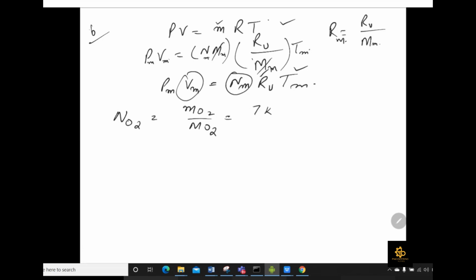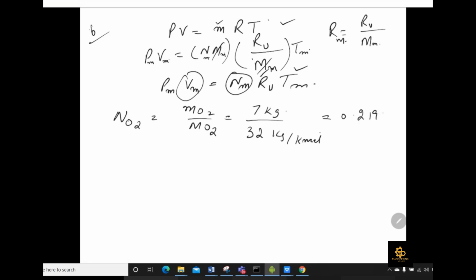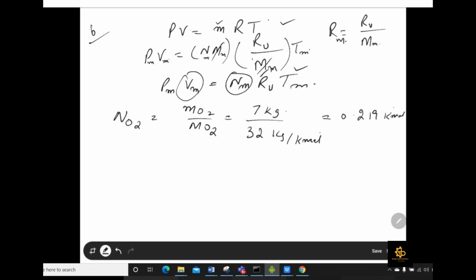So mass of O2 is known to us from the question, 7 kg, and molar mass of O2 is equal to 32 kg per kmol. And if you take the ratio of these two things, you will get the number of mole for the O2, 0.219 kmol.